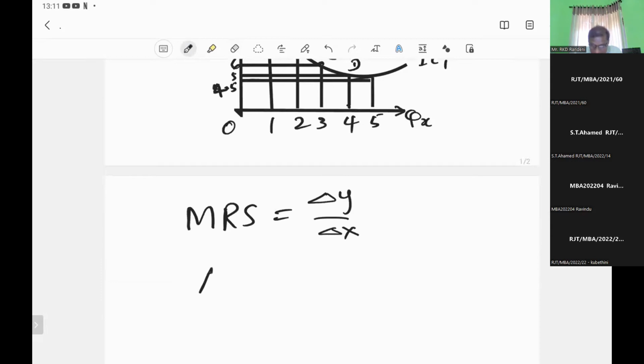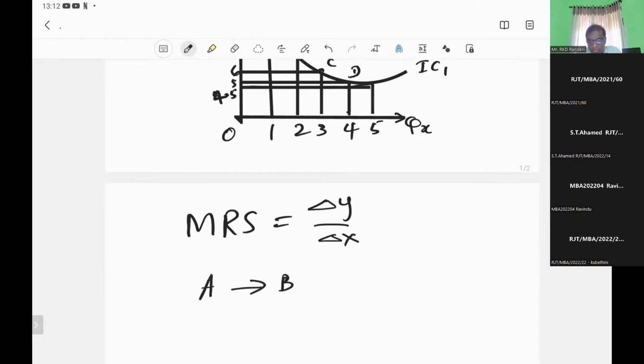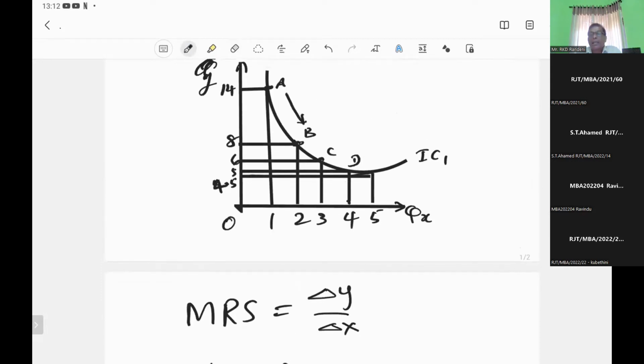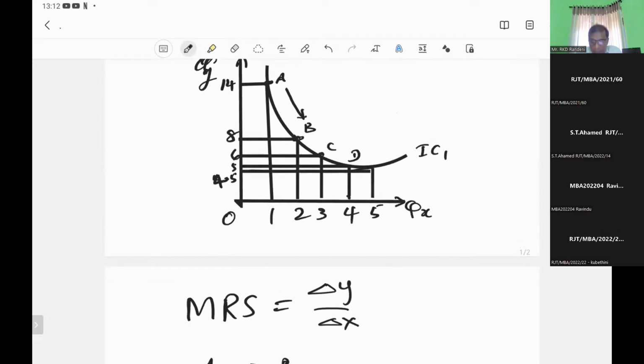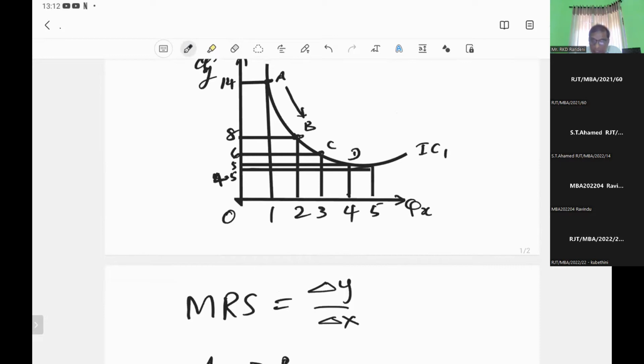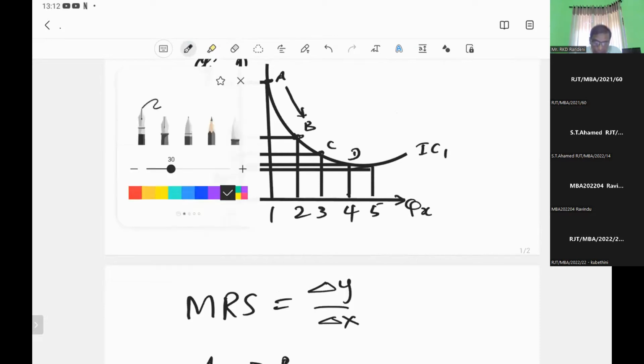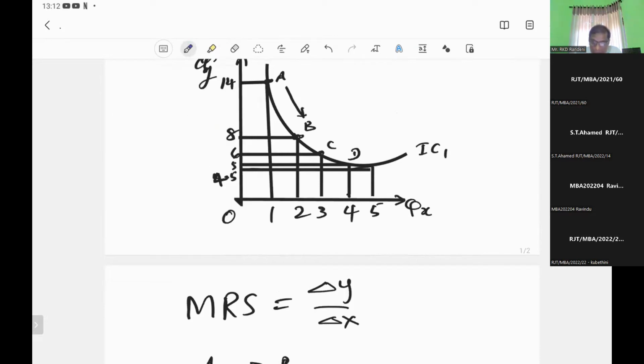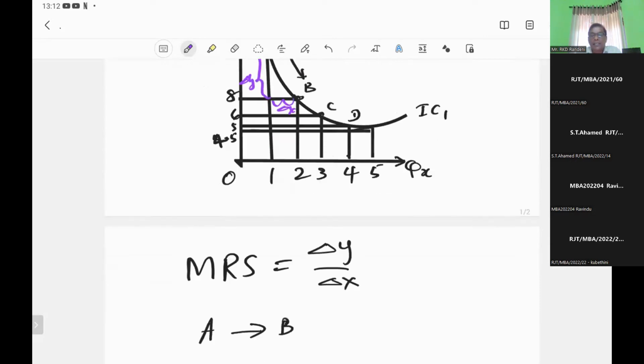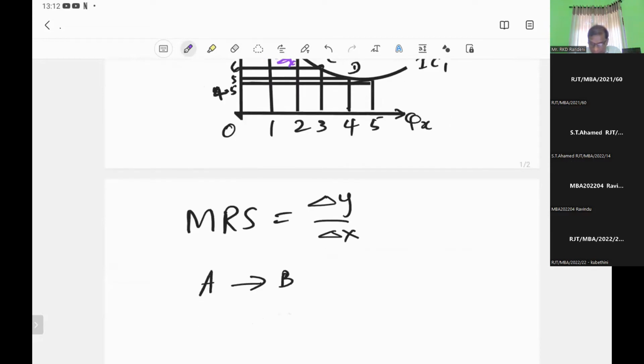Now from A to B, you can calculate the MRS. Delta Y is here, delta X is here, then delta Y divided by delta X. This is the formula.